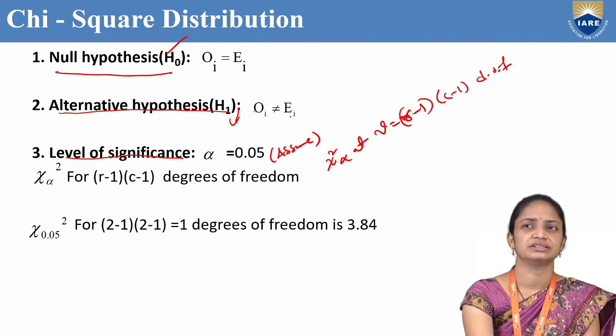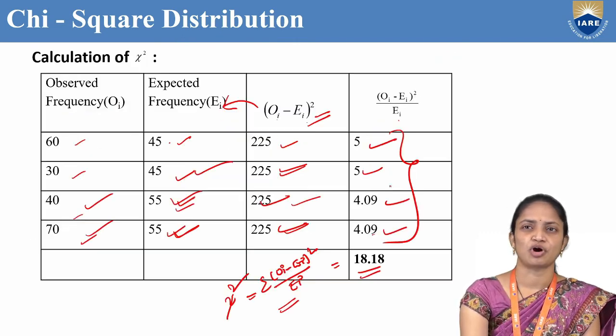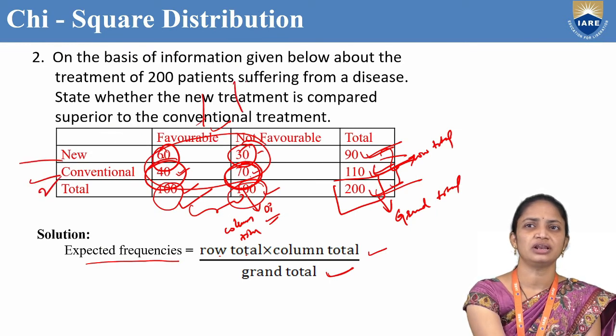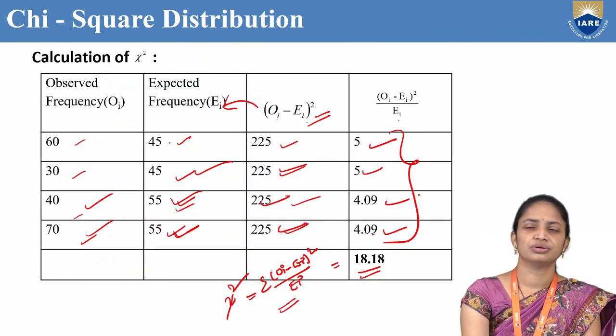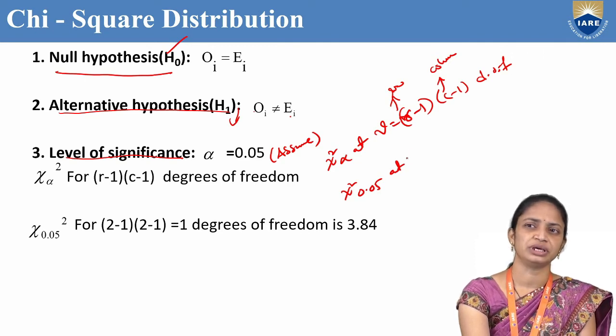Here r is the number of rows and c is the number of columns. How many rows are there in our problem? We have 2 rows, and 2 columns. So that is chi-square 0.05, because alpha value is 0.05 we are assuming.